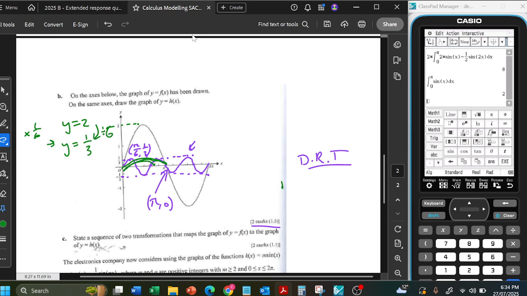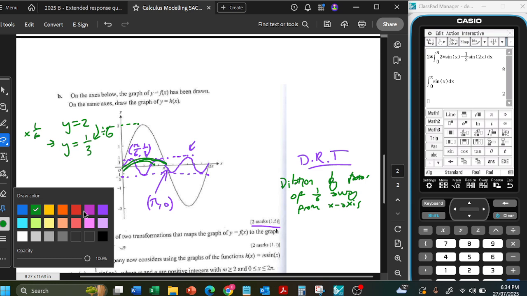So let's put that into words over here. This is dilation by factor of 1 over 6 away from the x-axis, okay? So that's that first one there.